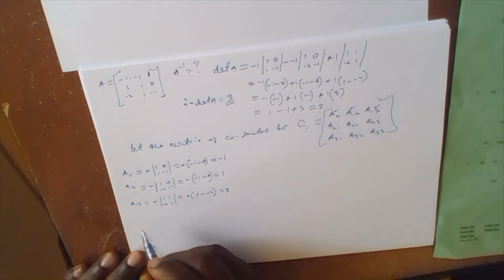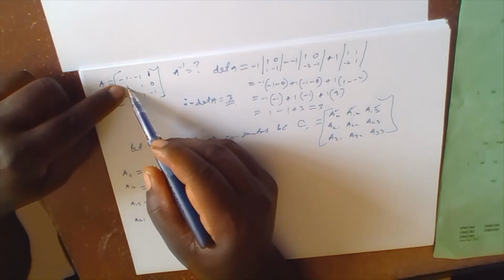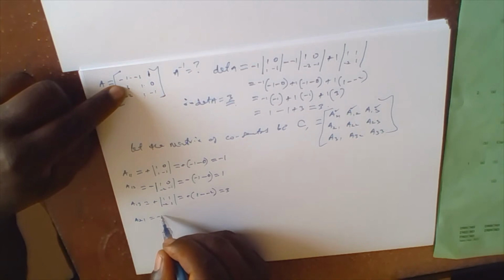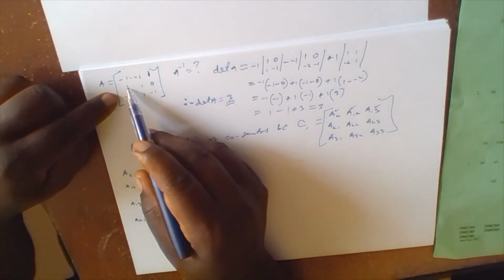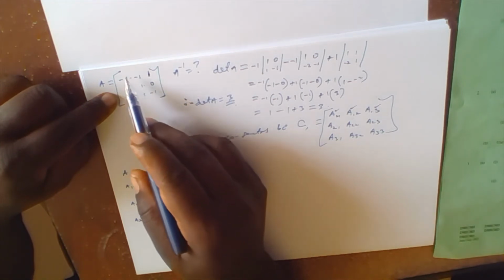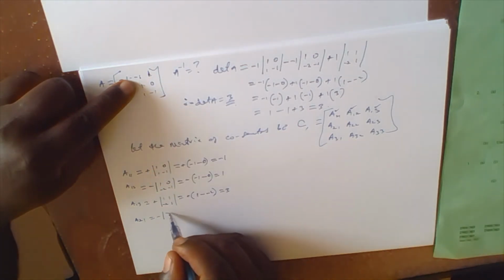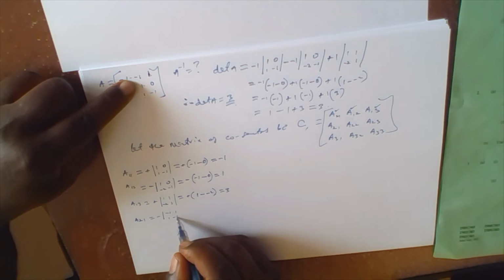So we come to A21. So A21 is this. The place sign of this is negative. The minus of this element, we block this row and this column, so we remain with negative 1 and 1, and then 1, negative 1.